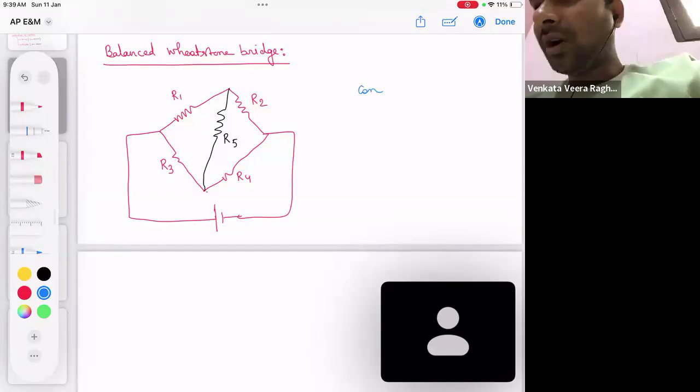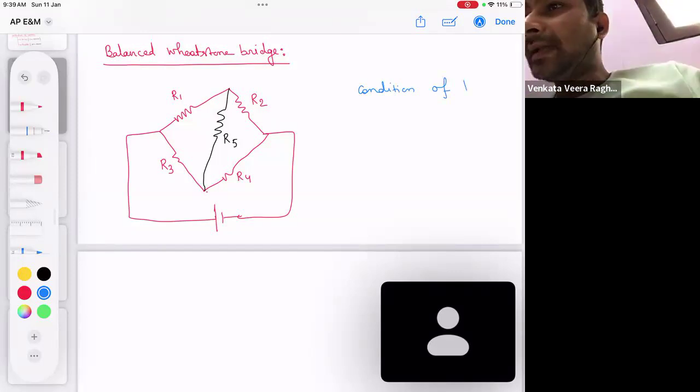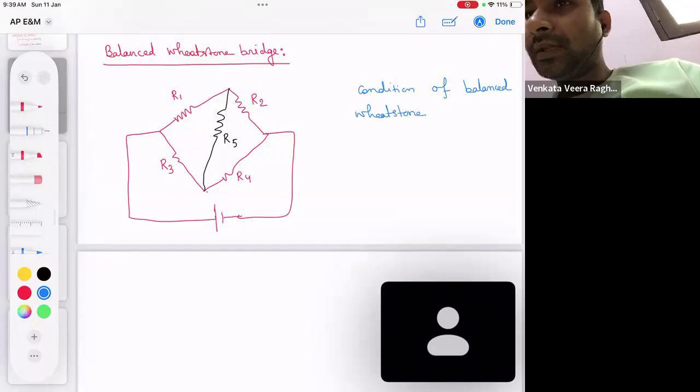The condition of the balanced Wheatstone bridge is that R1 by R2 is equal to R3 by R4.